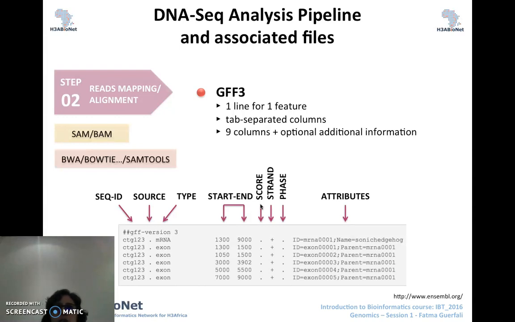The other columns would be a score that is associated, then the strand for plus or minus, and then a field called phase, which would be either 0, 1, or 2, and it indicates if the first base is the first base of a codon or not. Then you have attributes that are different characteristics. And I would invite you to go into more detail by reading the GFF documentation that you can find available on the internet.